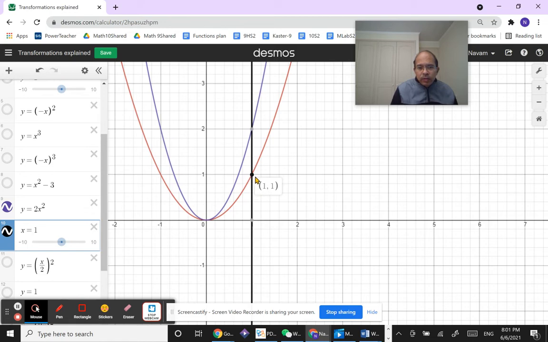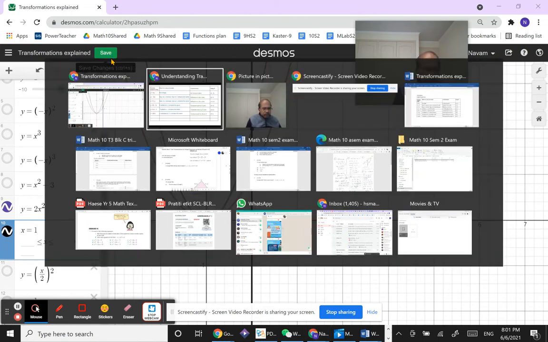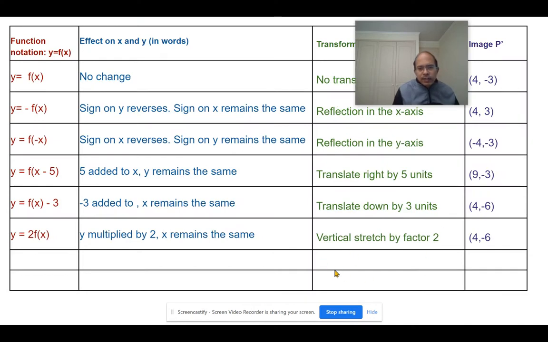On the first curve, if you choose the point 1, 1 and the corresponding point on the second curve, 1, 2, you can see that y has doubled as expected from the function 2x squared. The 2 is the doubling factor. So this curve is vertically stretched, and the transformation is called a vertical stretch by factor 2. You can see that the image is the x value with the y value multiplied by 2.